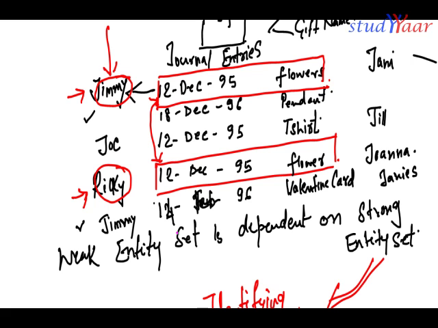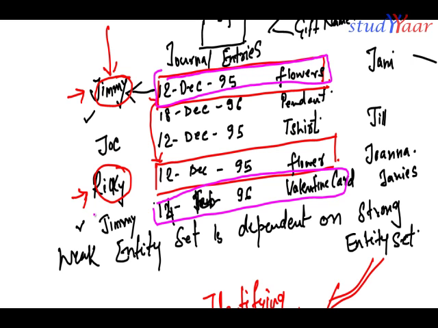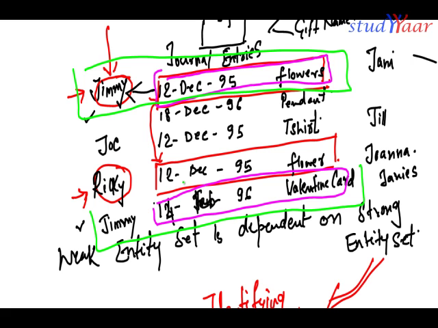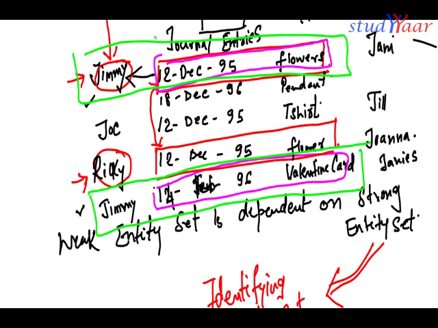So here, the combination of Valentine card and the date, and a combination of flowers and the date, can distinguish between these entries, right? Despite the fact that both were given by Jimmy, I can easily identify that these are two separate entries.